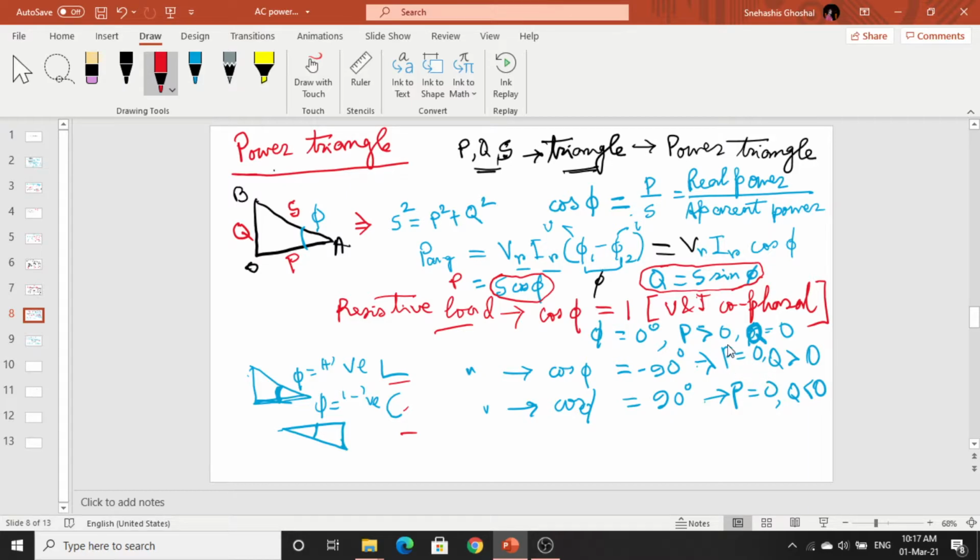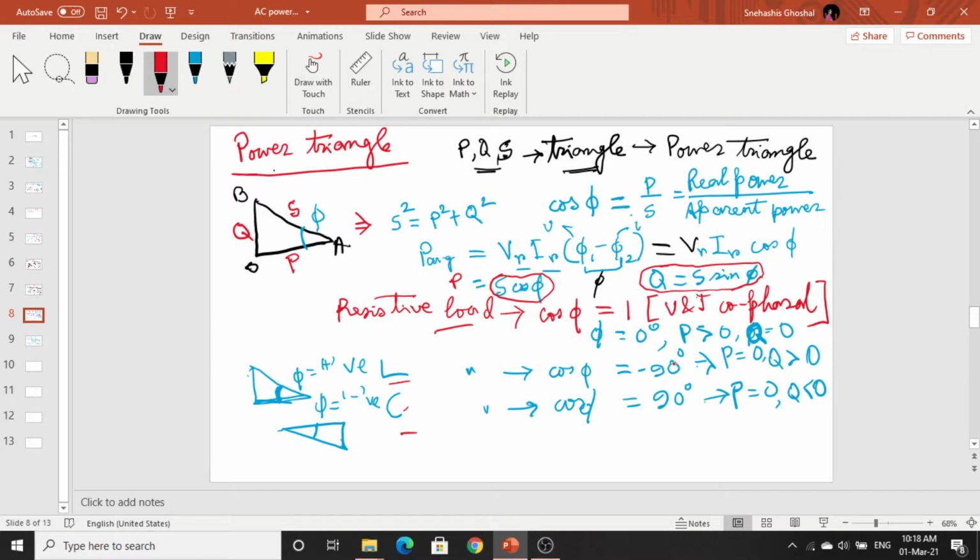In other words, whenever we talk about a capacitive load, in that case the phase angle is plus 90 degree.